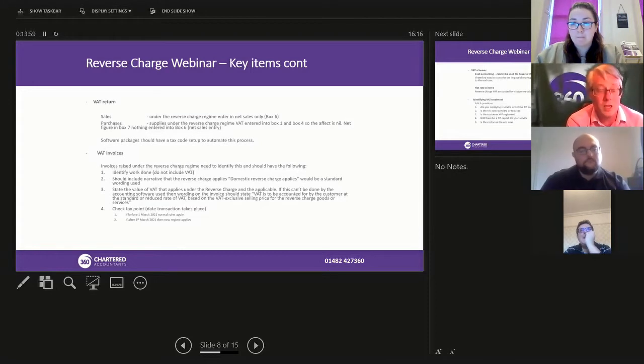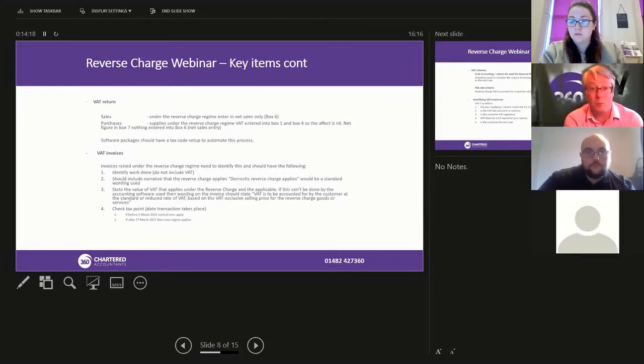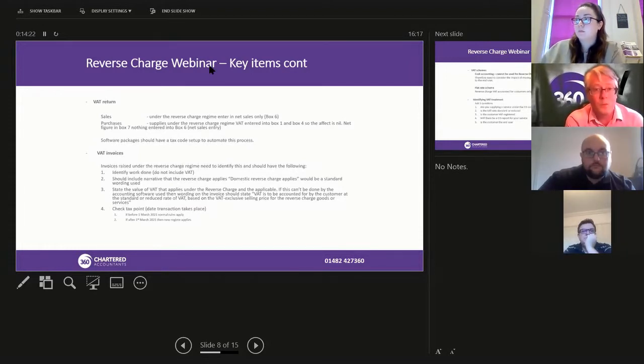You would just show the net sales in box 6, which is the net sales on the VAT return. But if you are suffering suppliers under the reverse charge regime, then you enter the VAT into box 1 and box 4. So it's a nil effect, but you've still got to show it as an output VAT, which is box 1, and an input VAT, which is box 4.